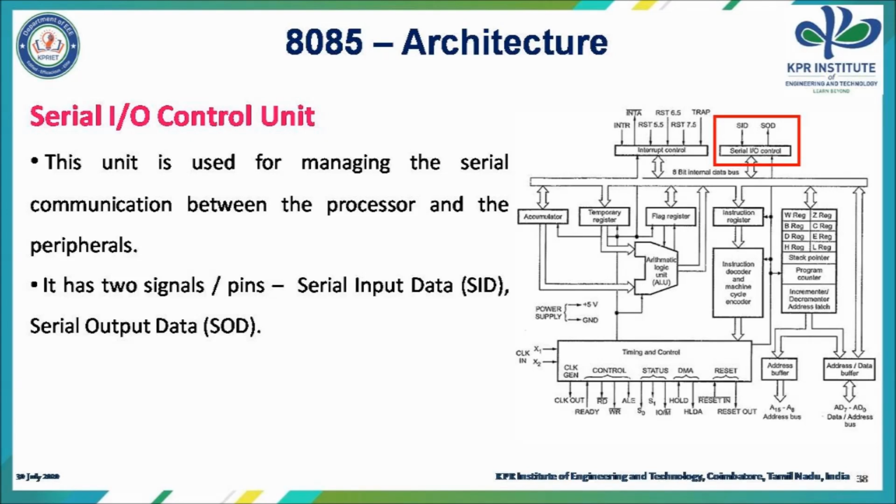Whenever the processor needs serial communication, this serial I/O control unit will use the SID and SOD pins to take the data bit by bit serially inside, as well as to send the data bit by bit serially outside.